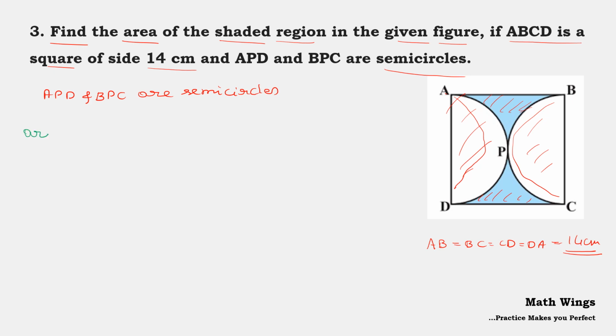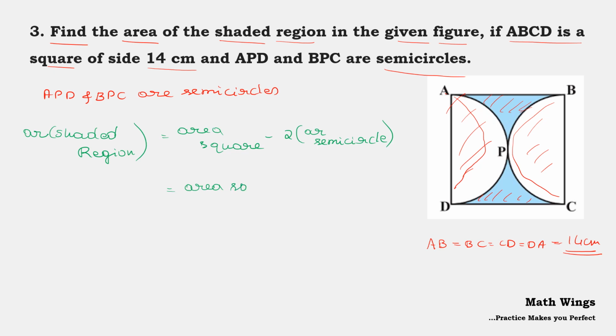Area of shaded region, that is equal to area of the square minus 2 into area of semicircle, or you can write that area of the square minus area of the circle.